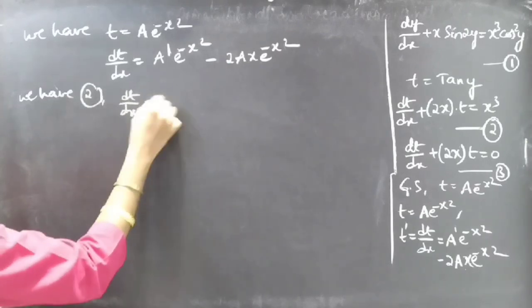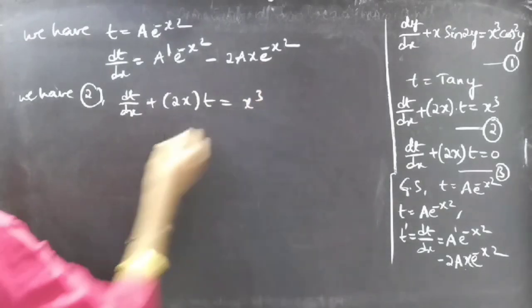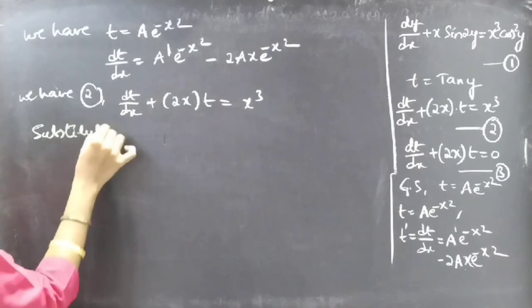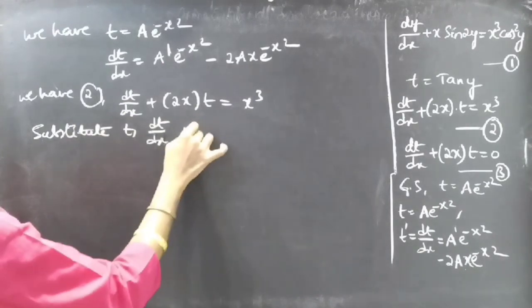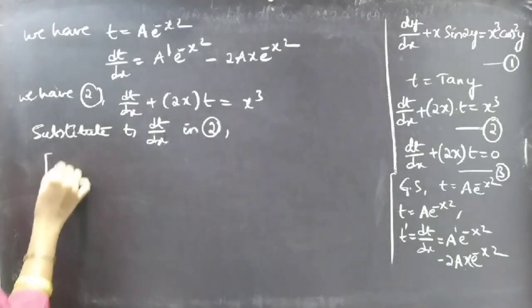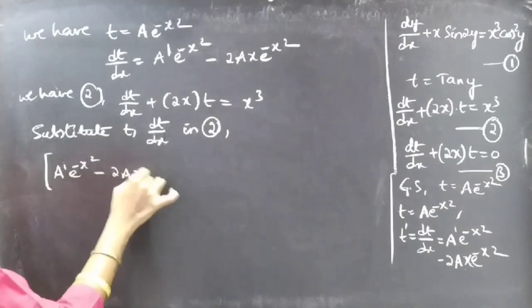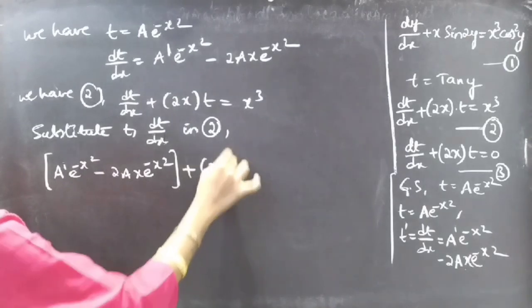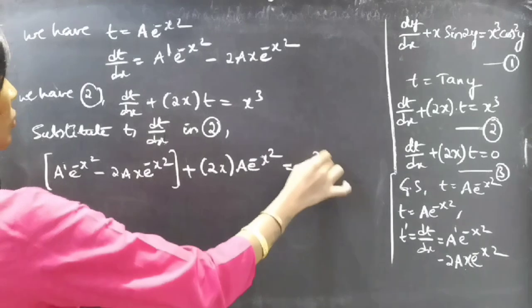Equation 2: dt by dx plus 2x into t equal to x cube, right? Let's substitute t and dt by dx into it. It gives a dash e power minus x square minus 2ax e power minus x square plus 2x into t, a e power minus x square, equal to x cube.